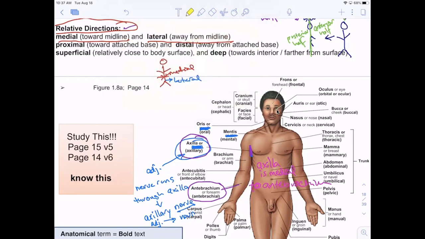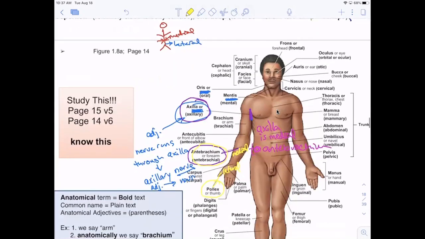But if I'm talking about the antebrachium relative to your pollex or thumb, the antebrachium is now medial to the pollex, which is lateral. So these are relative terms. It's relative to whatever else you're talking about. So things can be medial to some things, but lateral to other things.